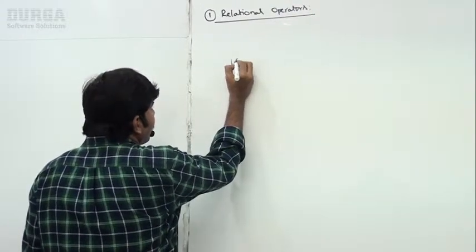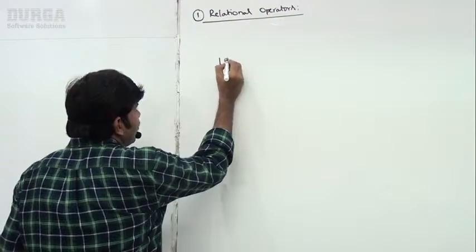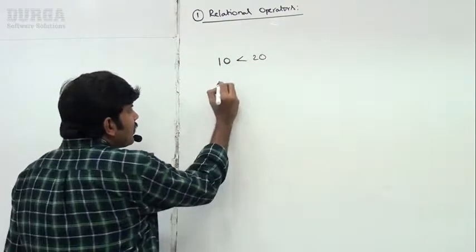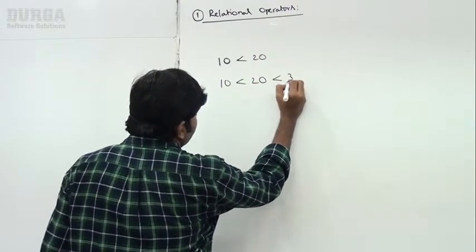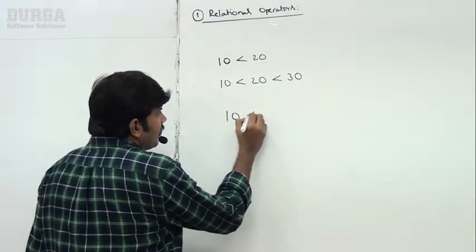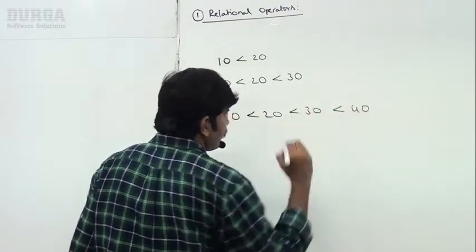Here, 10 less than 20. What is the answer? 10 less than 20 less than 30. What is the answer? 10 less than 20 less than 30 less than 40.